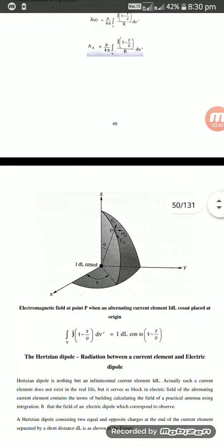After that we have to see the block diagram. The electromagnetic field at point P due to the alternating current element I dl cos ωt is placed at the origin, so it depends on the x, y, z axes, in three dimensions.